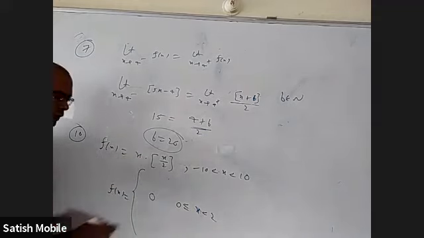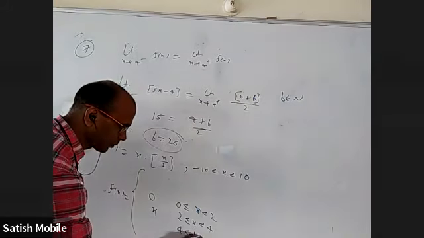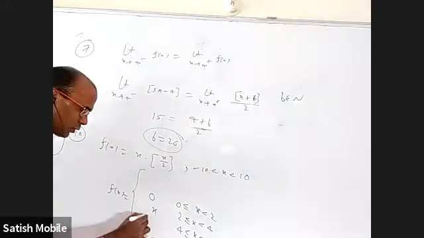Now when I take 2 less than or equal to x less than 4, why am I taking 2 intervals? Because when x is between 2 to 4, x by 2 will be between 1 and 2. And integer part for any number between 1 and 2 will be 1. It will be x into 1, x only. If I take 4 to 6, it will be 2x because this will be between 2 to 3. If I take 6 to 8, it will be 3x.